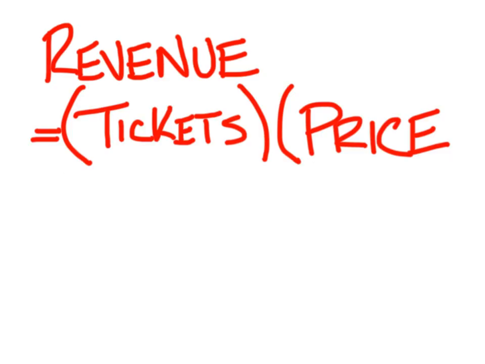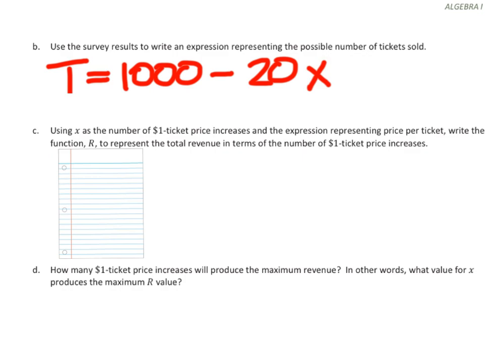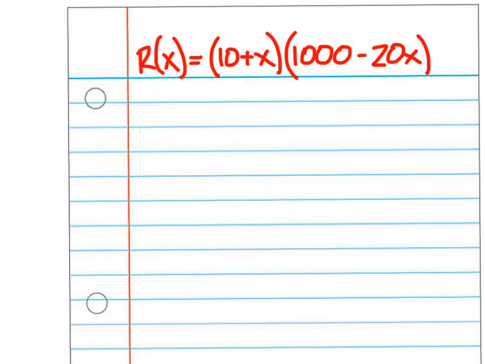So revenue equals tickets times price, with an extra parenthesis there. And we have T equals 1,000 minus 20X. So there is our function. R of X equals the quantity 10 plus X, times the quantity 1,000 minus 20X.